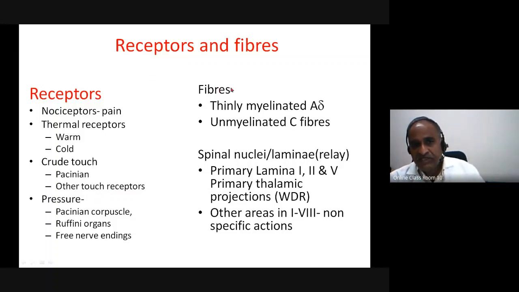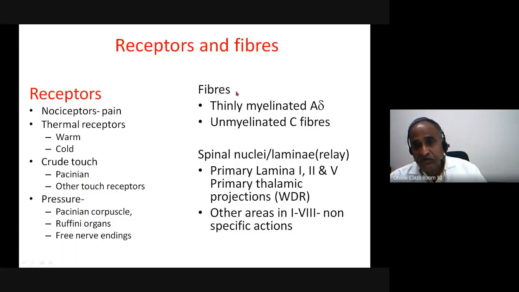What fibers carry these receptors' signals in the anterolateral column sensations? They are predominantly carried by slow conducting fibers, the thinly myelinated A delta fibers and the unmyelinated C fibers. And where do these fibers relay?